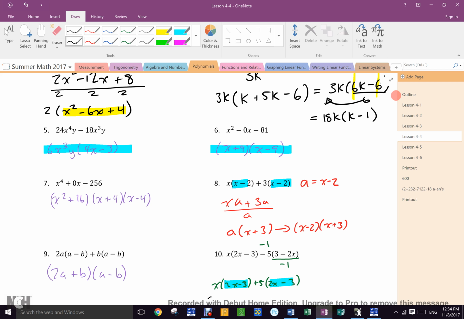Could you just do x squared minus 16? Yes, of course you could, but then x squared minus 16 you have to factor again, because it's a squared minus a squared. So you can actually leave it like that? This is the answer. If you left it as x squared plus 16 and x squared minus 16, you've done half the work.